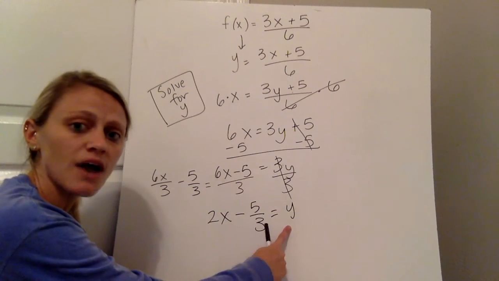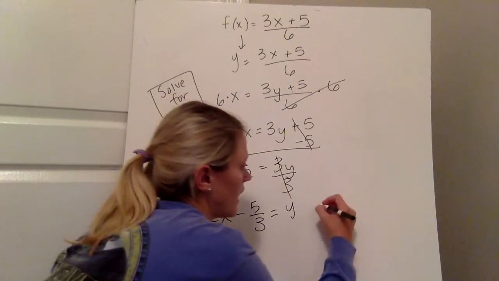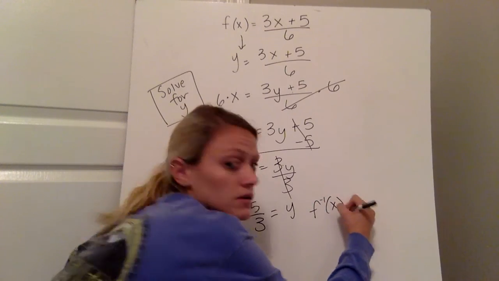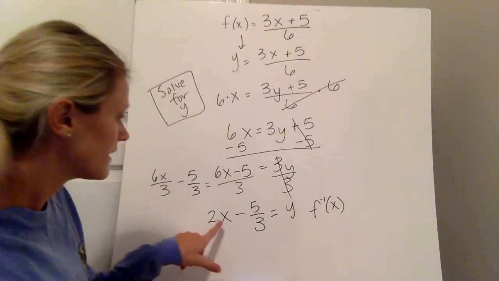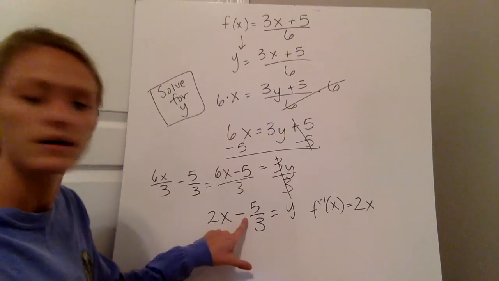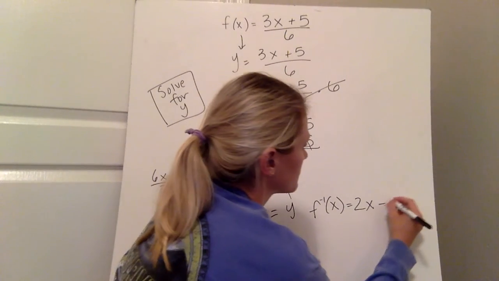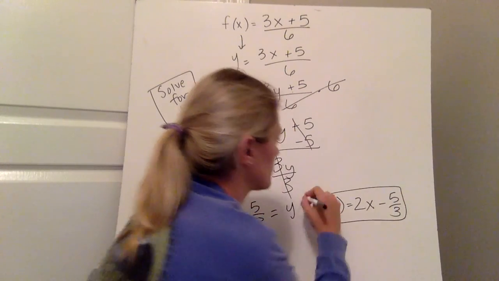So I've got y by itself. That was my end goal. I'm done. I now know the inverse of my original function is 2x minus 5/3. Done.